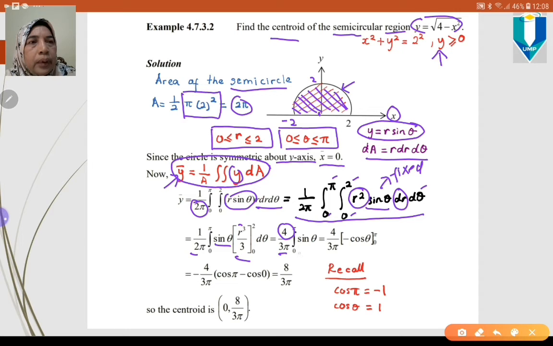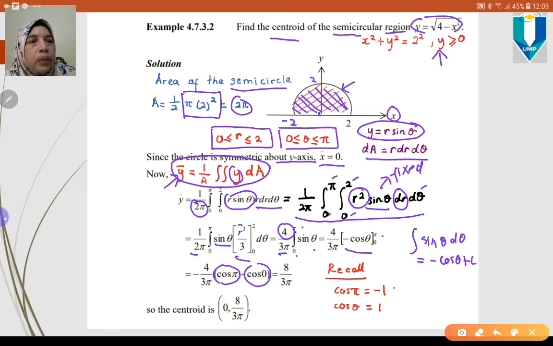And then you integrate from 0 until π sin θ. Remember, integrating sin θ with respect to θ is actually minus cos θ. Then you substitute values in. The upper limit is π, so you get cos π here. The lower limit is 0, you get cos 0 here.